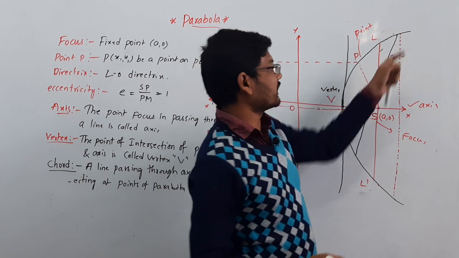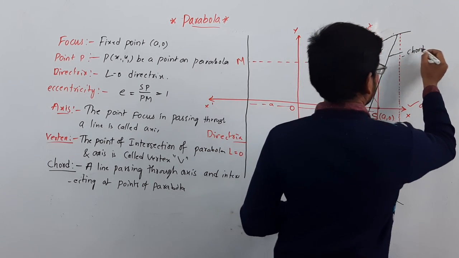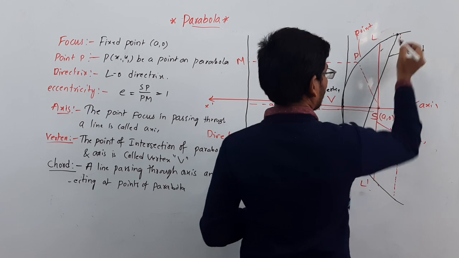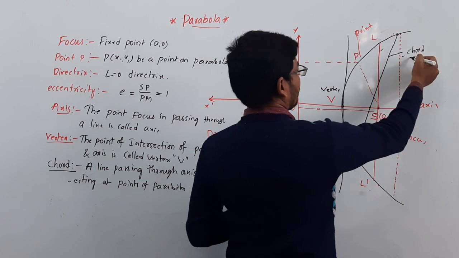Here this is a chord. This chord is intersecting at 2 points and passing through the axis, so it is called a chord here.